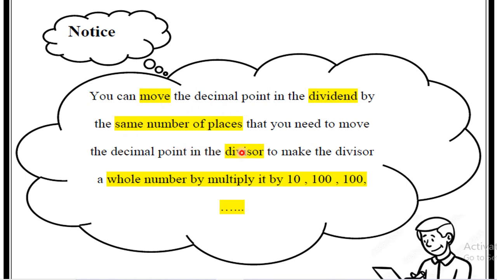If we make the divisor times 1000, we will make the dividend times 1000. Or if we move the decimal point 1 step in the divisor, we will move it also 1 step in the dividend. If we move it 2 steps in the divisor, we will move it 2 steps in the dividend, and so on, to make the divisor a whole number by multiplying by 10, 100, 1000.